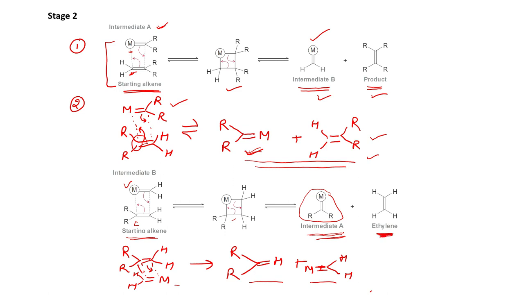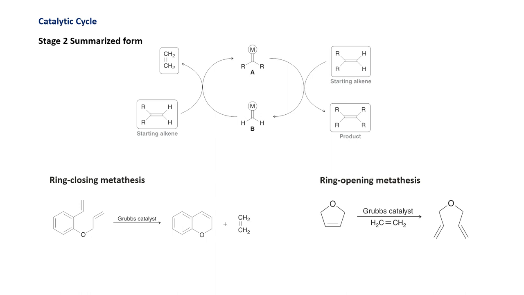So if you want to make a cyclic diagram of this, if you want to summarize how you will get your product, this was your intermediate A. When intermediate A reacts with the starting alkene, you will get your intermediate B and your required product.